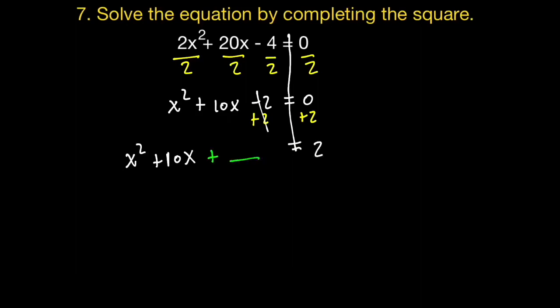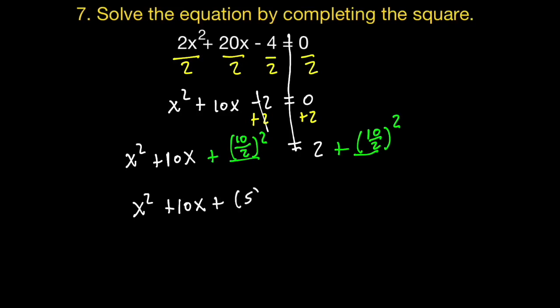And to complete the square, I'm going to grab half of the b term, which is going to be 10, and divide it by 2, and then square it. Whatever I do to one side of the equation, I have to do it to the other. So here on the right hand side, I'll also add by 10 over 2 quantity squared. On the left, I'll have x squared plus 10x, and simplifying what's inside of the parentheses, I'll have 5 raised to the second power.